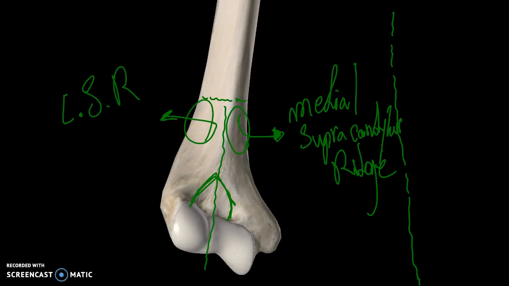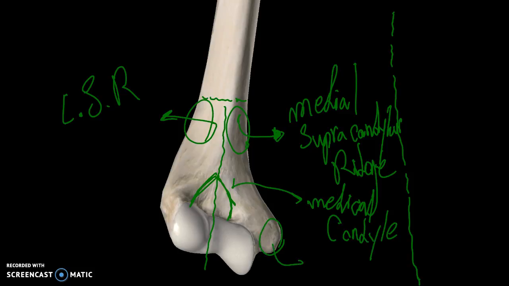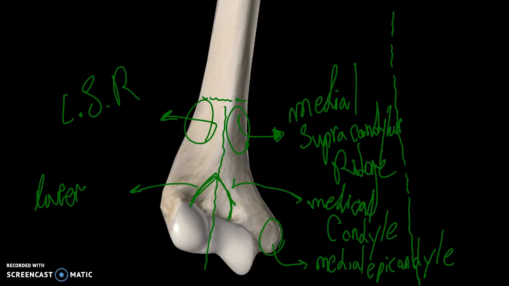There is the medial condyle, which is this guy here, and right below it, this guy here, you have the medial epicondyle. The other side mirrors this exact same thing, but now since we're away from the center of the body, you have the lateral condyle and the lateral epicondyle right here.